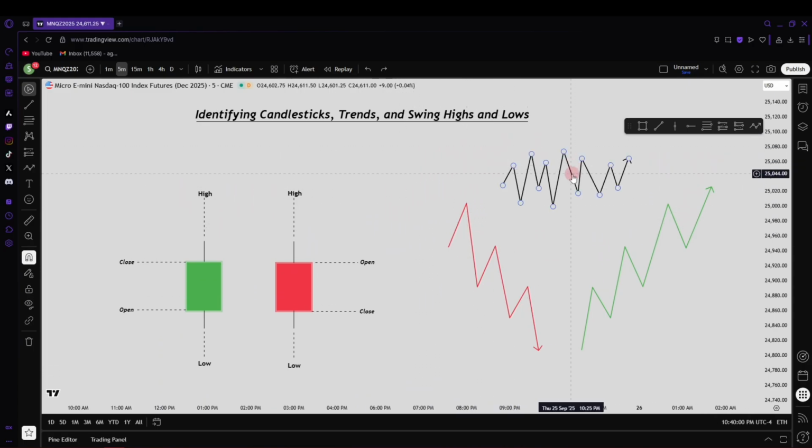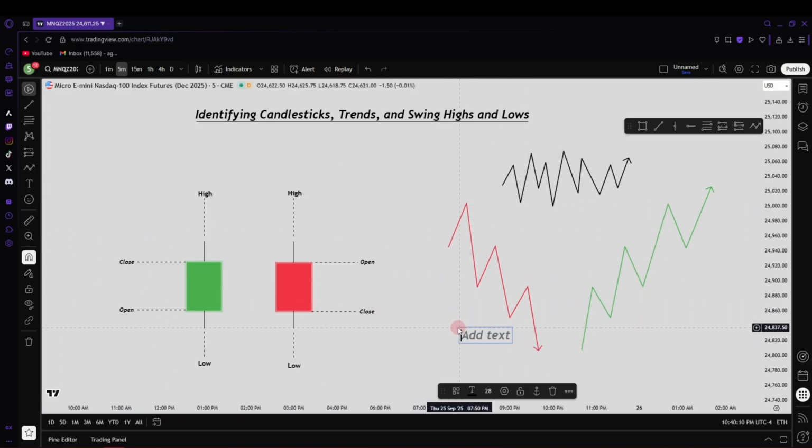Now, on the right side of the chart, we can see our trends. We have a bearish trend, and we have our bullish trends.